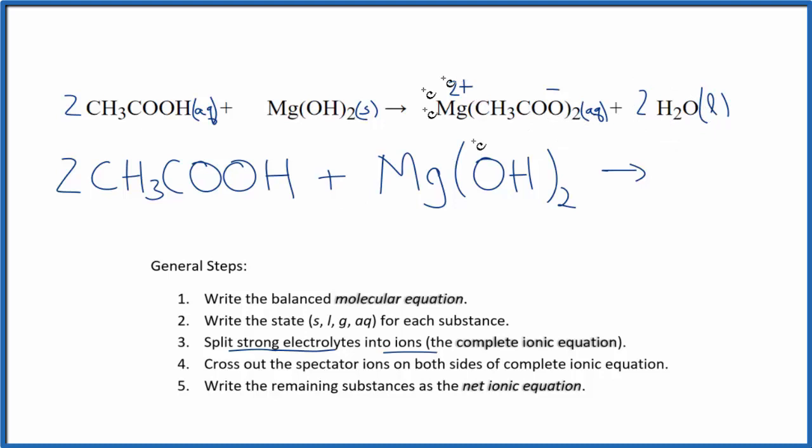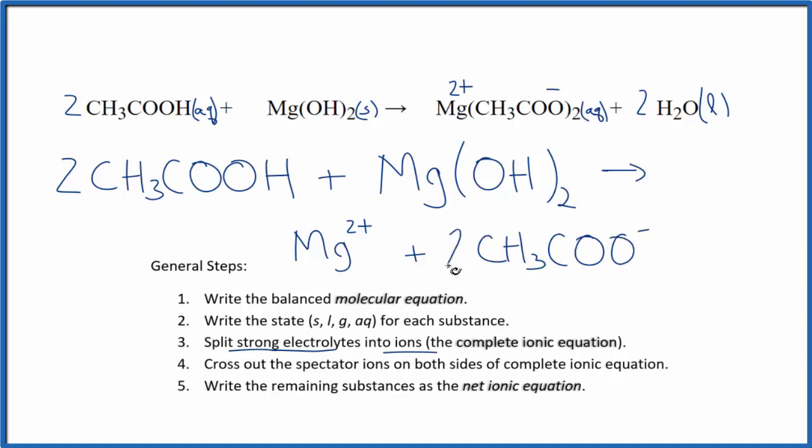So let's put our strong electrolyte, split that into Mg 2+ plus the acetate ion, CH3COO-, and we have 2 of them. So we need to have a coefficient of 2 there, plus our 2 water molecules. So we now have what's called the complete ionic equation.